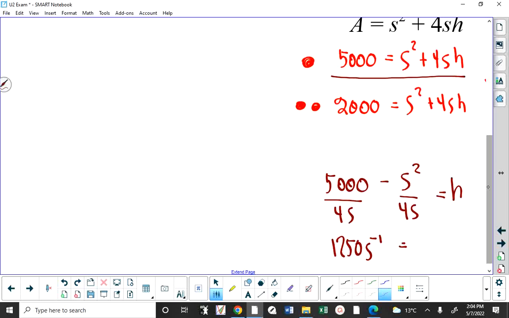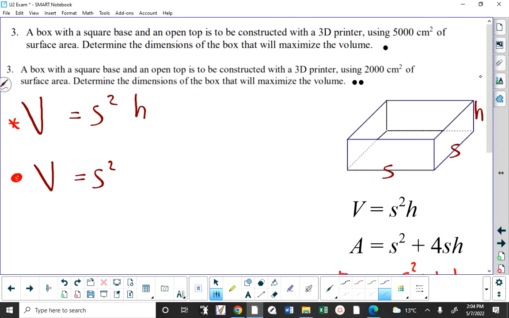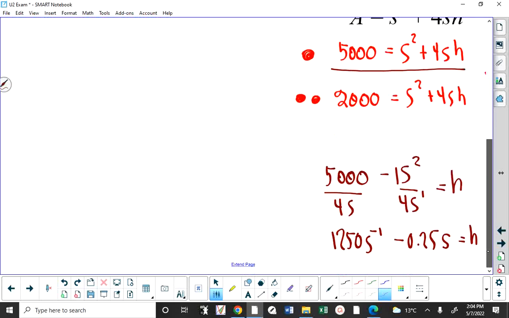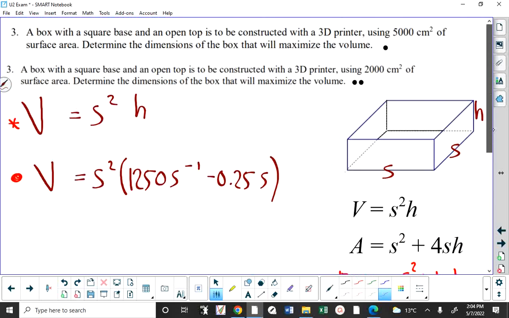And then over here we can work in decimal if you like. 1 over 4 is 0.25, so minus 0.25. s squared over s to the 1 is s. So 0.25s, that's my h. h equals 1250 s to the negative 1 minus 0.25s. So I would put that in there: 1250 s to the negative 1 minus 0.25s. I want to just confirm that before I go on. It's good.